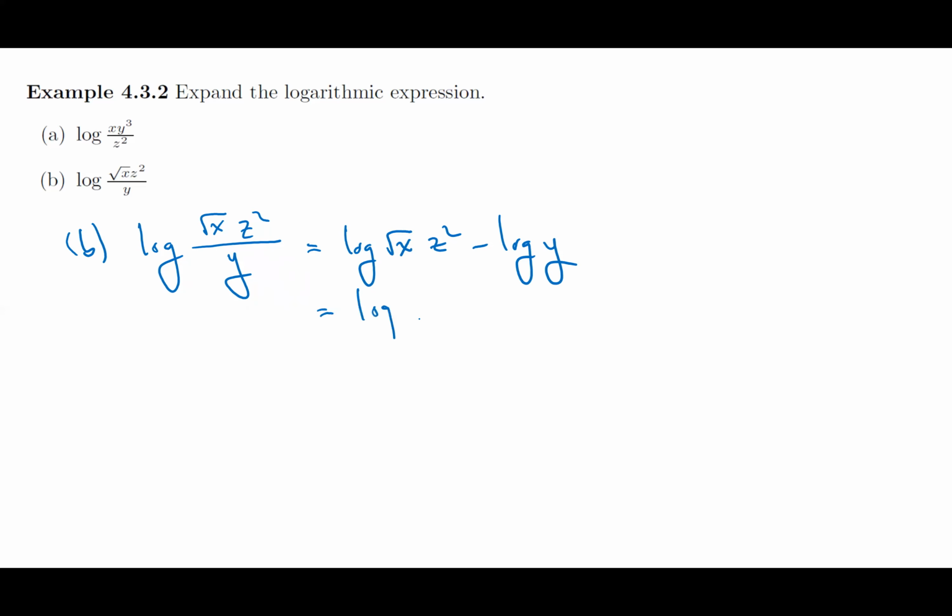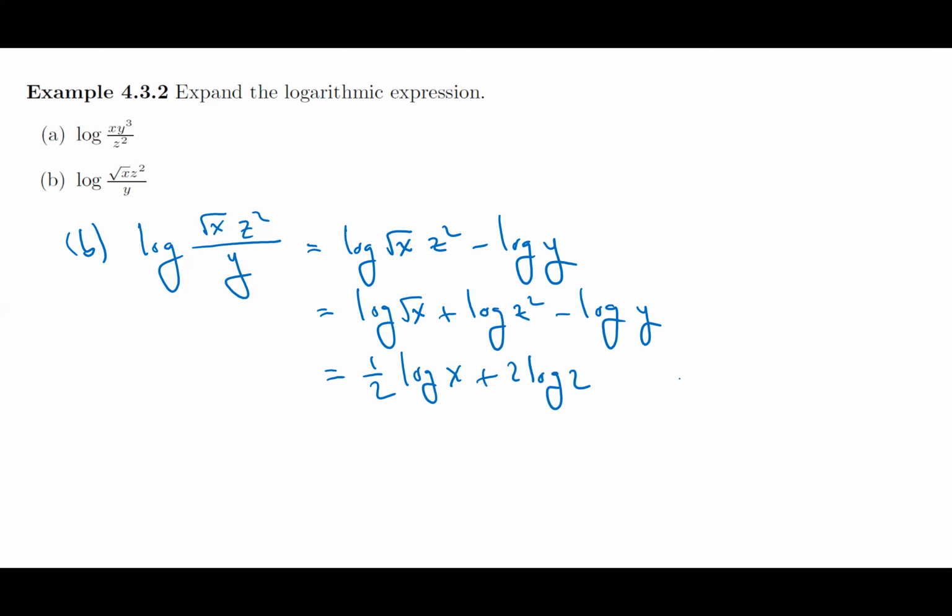So root x plus log z squared minus log y. And then remember, square root is really a 1/2 power. So I can write 1/2 log x plus 2 log z minus log y. Okay? So we have expanded.